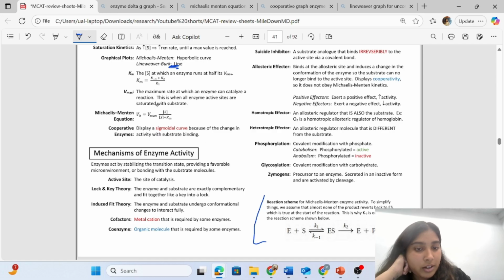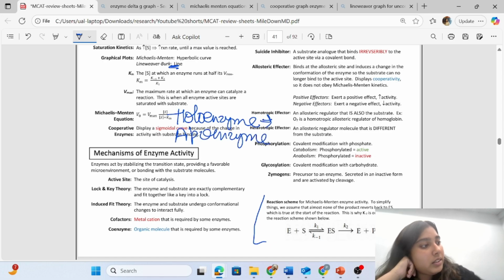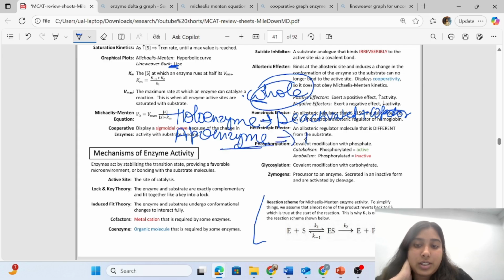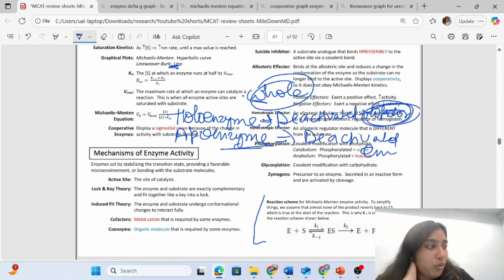Another important thing that these sheets are missing are two terms. I'll just write over here: holoenzyme, or whole enzyme, and apoenzyme. Holoenzyme means whole enzyme, so it is the enzyme with a cofactor or coenzyme, and apoenzyme is just the enzyme that is lacking this cofactor.